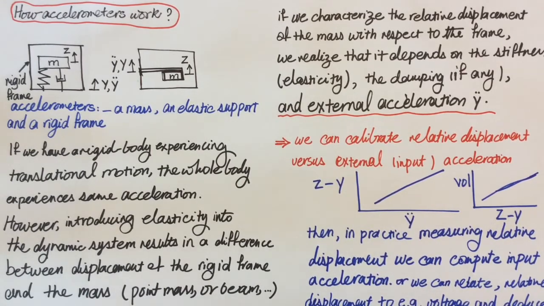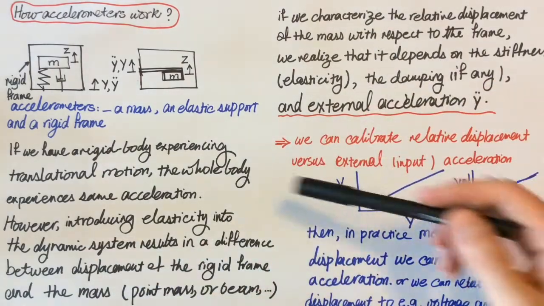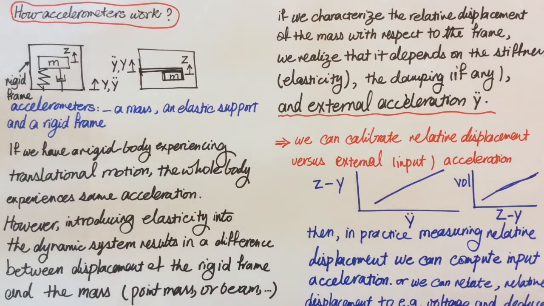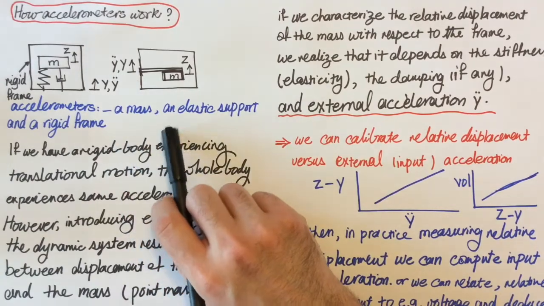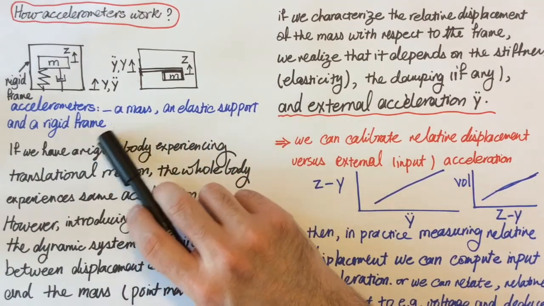If you think about it, an accelerometer is, in general, composed of a mass, an elastic support, and a rigid frame.